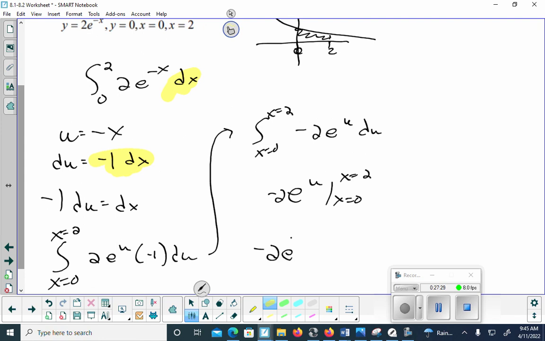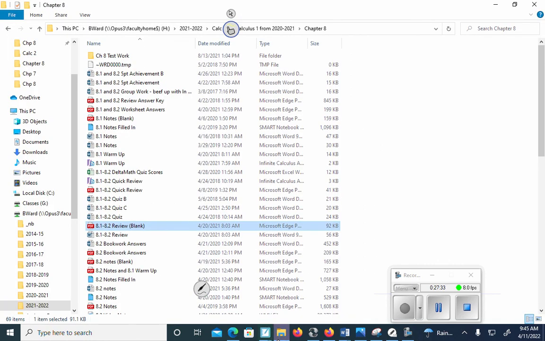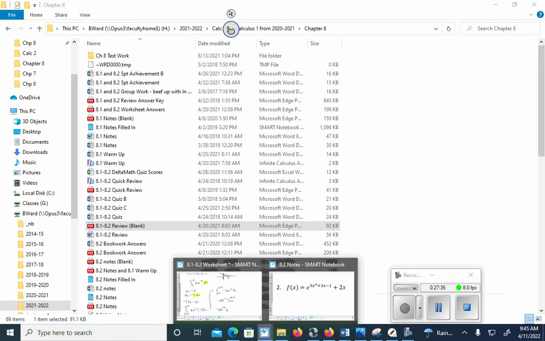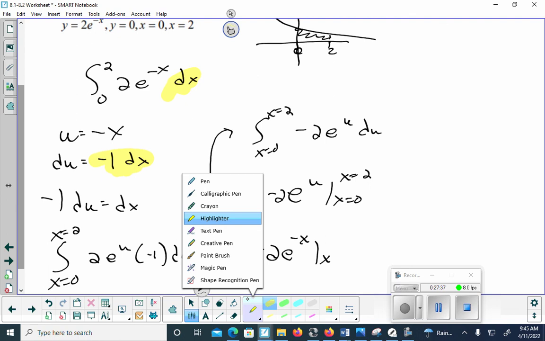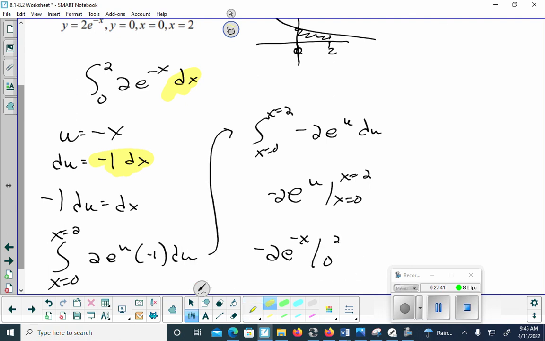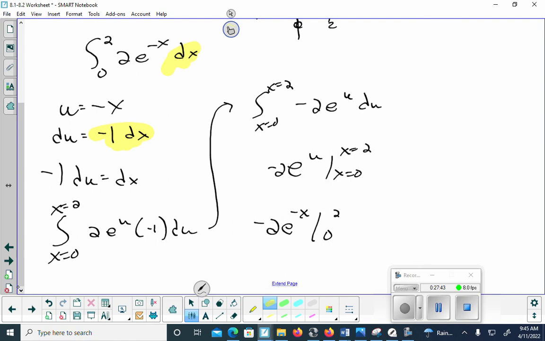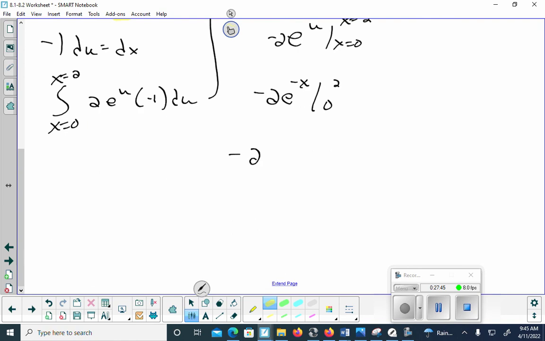And then I don't have to write x is equal to, I can write that in terms of x. So when I do that, I'm going to have 0 to 2. So substituting in, negative 2e to the negative 2 minus negative 2e to the 0. Well, this would be negative 2.